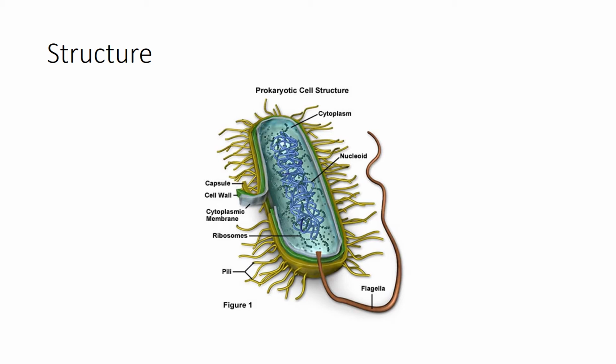It has DNA and RNA, and they are simply lying somewhere in the cytoplasm. They're not surrounded by a nuclear membrane, so there is no nucleus. But the place where the DNA and the RNA are in prokaryotic cells is often called the nucleoid.